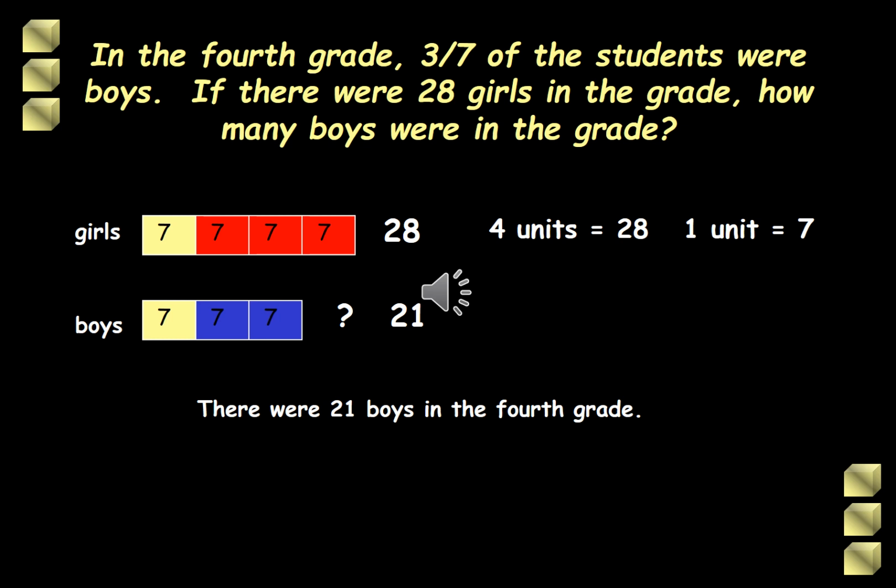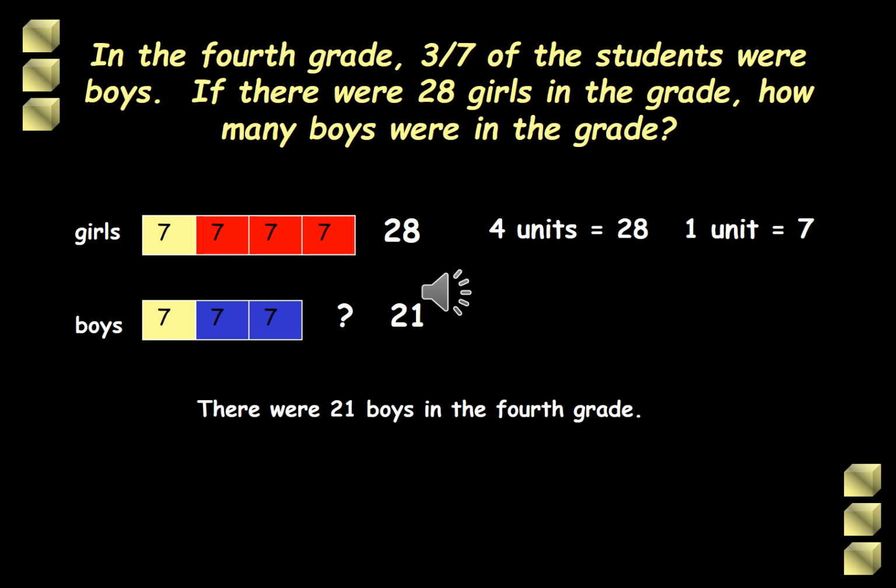Now we know that 28 is the total number of girls, and since we know that 4/7, or 4 units, corresponds to the number of girls, we can divide the bar model for girls into 4 equal units.